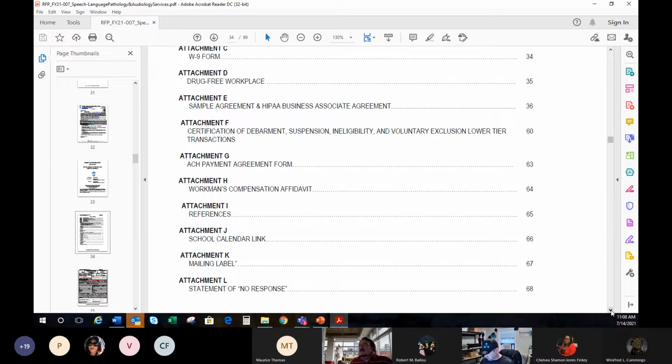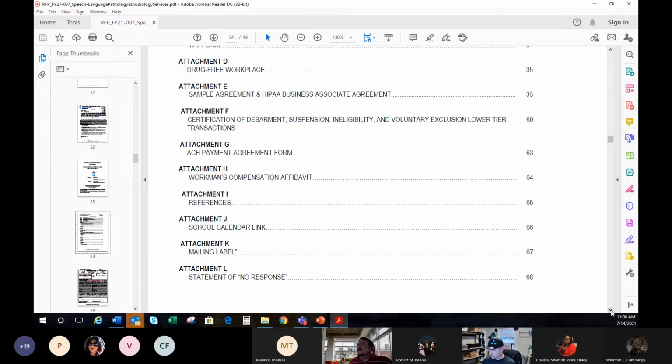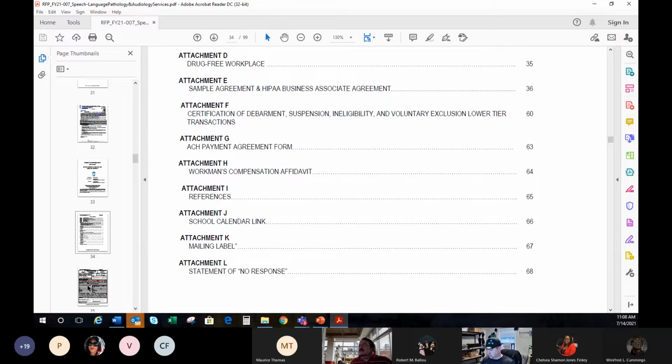Attachment K is a mailing label, which we help to give you. So basically, you just have to cut it out and put it on your box when you submit the proposal. And then Attachment L, as I said before, is no response. If you plan on not bidding, it also helps us to understand why you didn't bid.